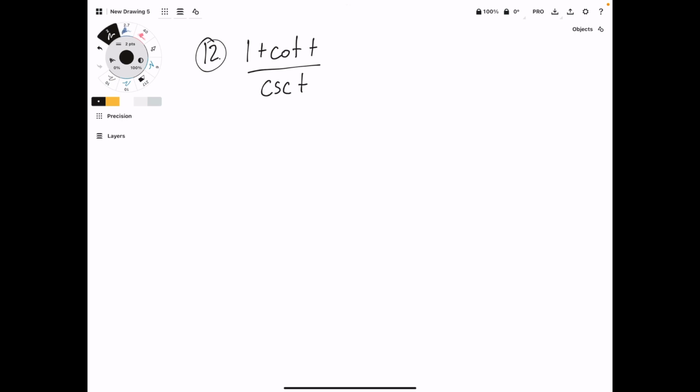The last problem we're going to look at in this video is question 12, which is (1 plus cotangent t) over cosecant t. So we're going to follow a similar path that we did to the last question, where we're going to rewrite the bottom as 1 over sine of t. Then we're going to bring it to the top like this.